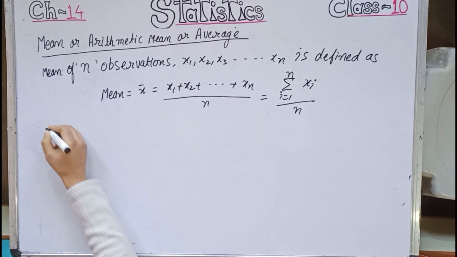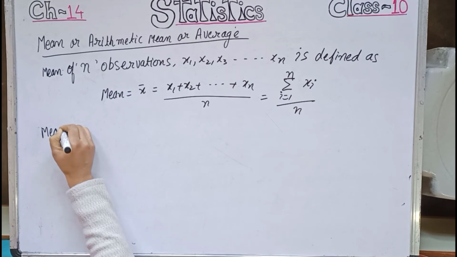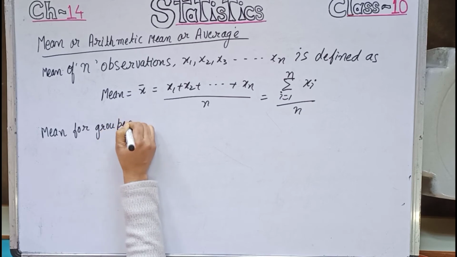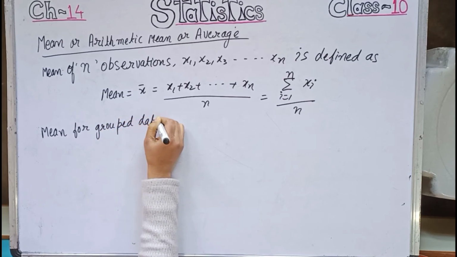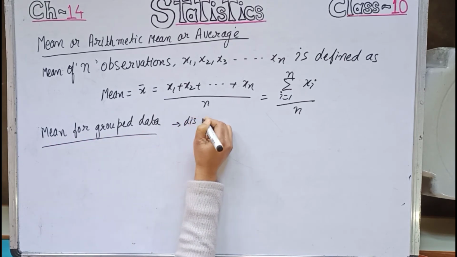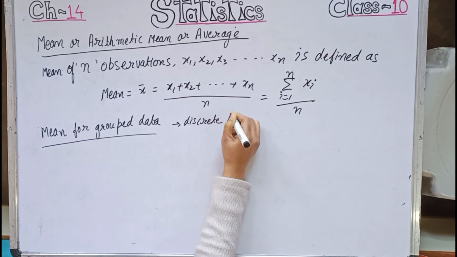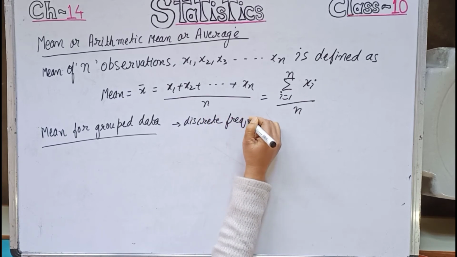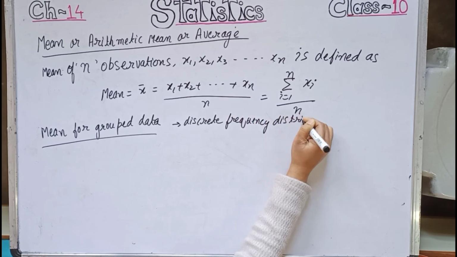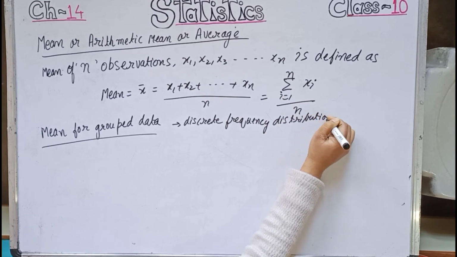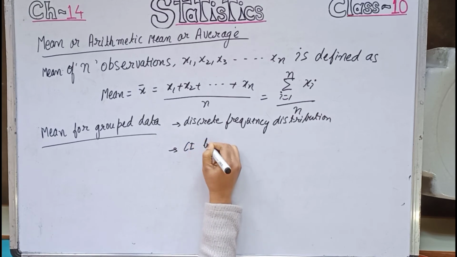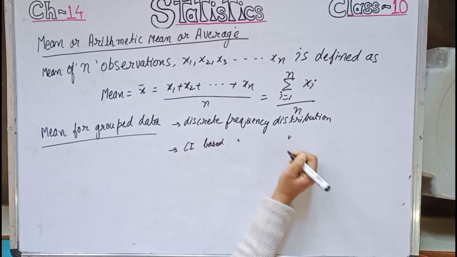Now mean for grouped data. This grouped data can be a discrete frequency distribution, or a class interval based frequency distribution.